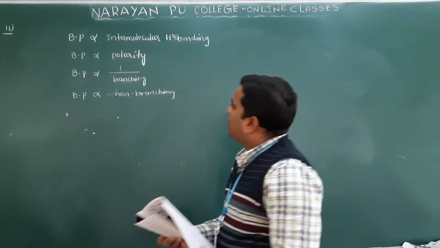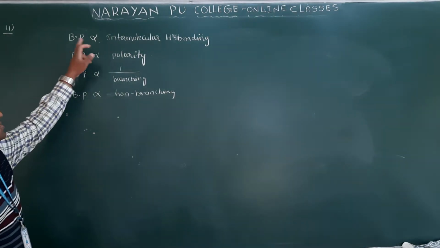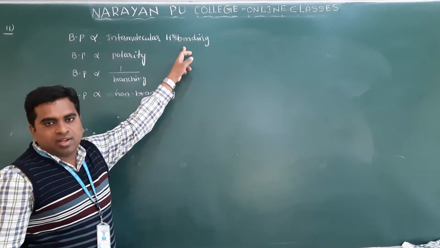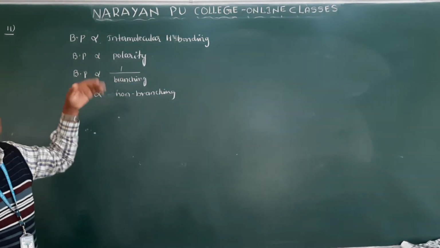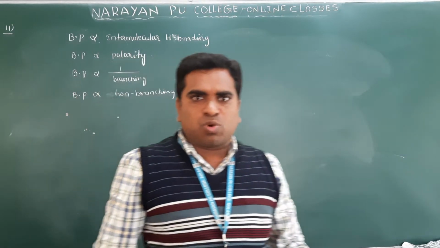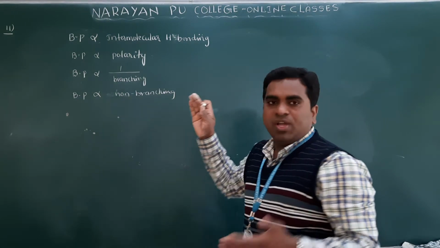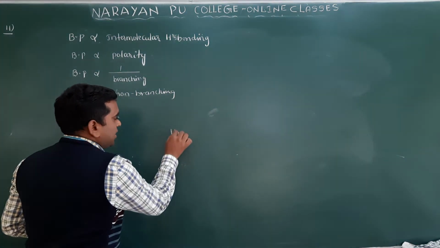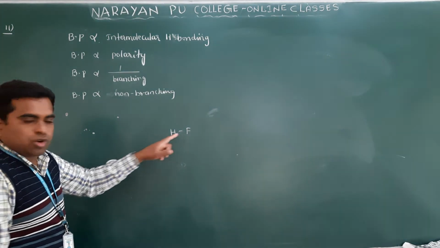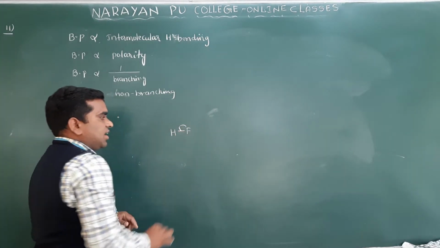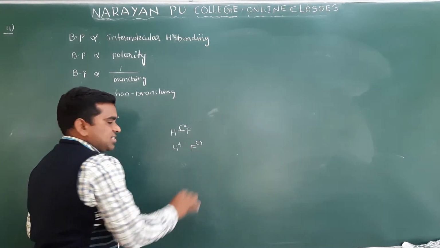Clear? So why does branching increase and boiling point decrease? We will discuss that. I have already discussed that if intermolecular hydrogen bonding exists, the molecule will have a high boiling point. Just now we saw that polarity increases the boiling point. What happens when polarity increases? Suppose I take the molecule HF. In this one, fluorine is more electronegative and will pull the bond electrons towards it. Then H is positive and F is negative.